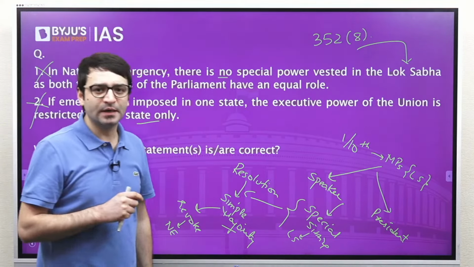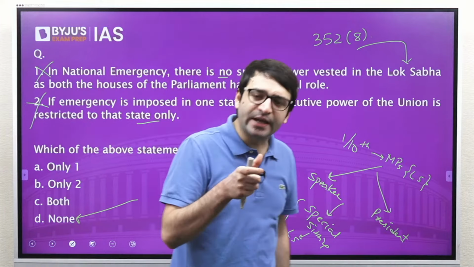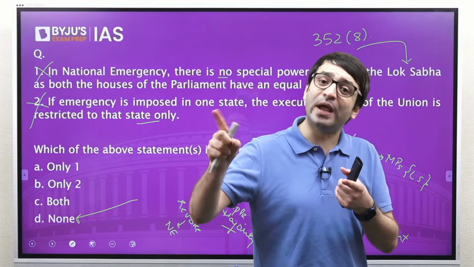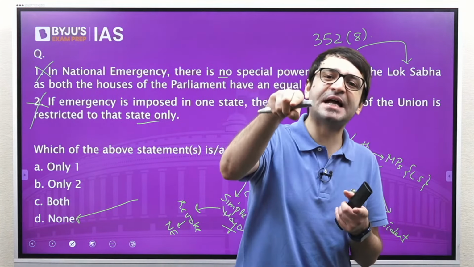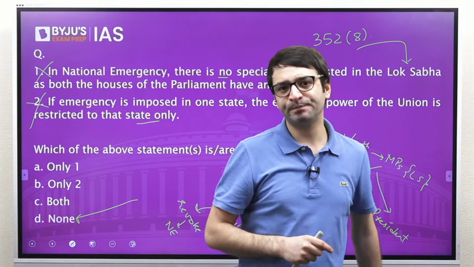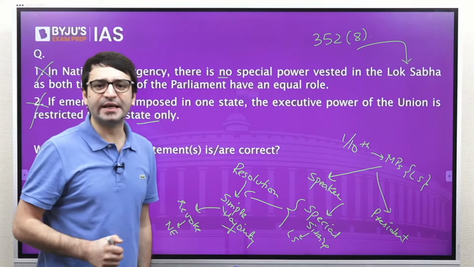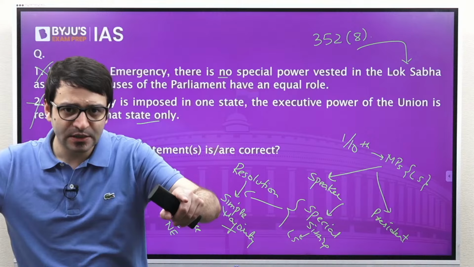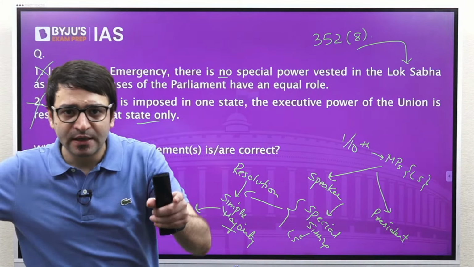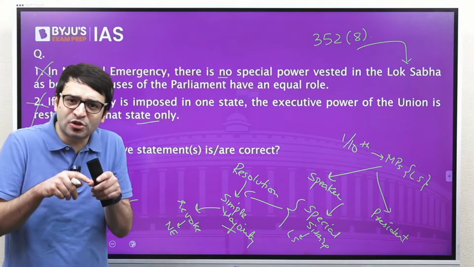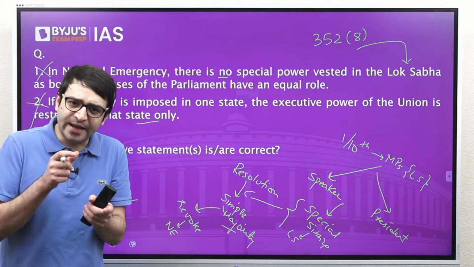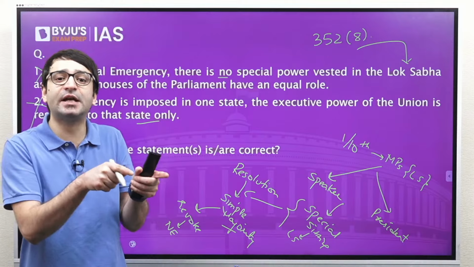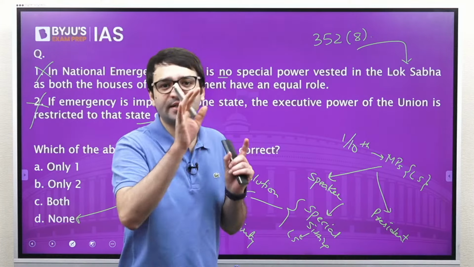Which means that even the executive power of the union can extend to any other state, even if in that state emergency is not imposed. Because national emergency can be imposed either in the entire country or in any state or any part of that state. If national emergency is imposed in Rajasthan, the executive power of the union can extend not only to Rajasthan but to Gujarat as well, any other state as well.